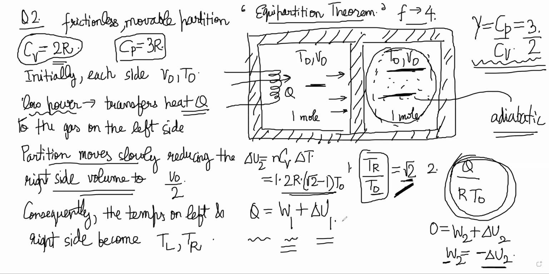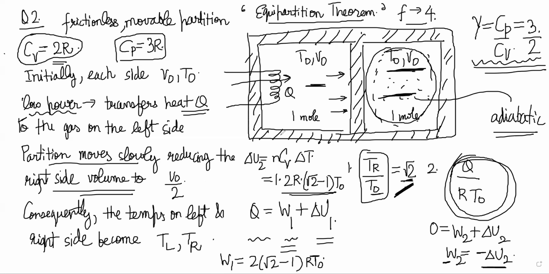So work done by gas 1 is what? Plus. So it will be 2 times root 2 minus 1 RT naught. So we have found work done by gas 1, because we calculated work done by gas 2 and it will be opposite of that, right?